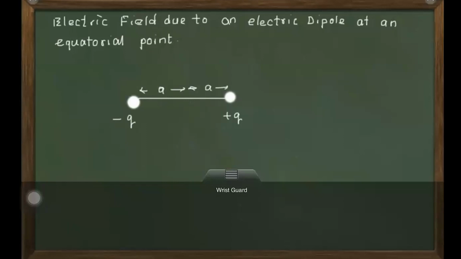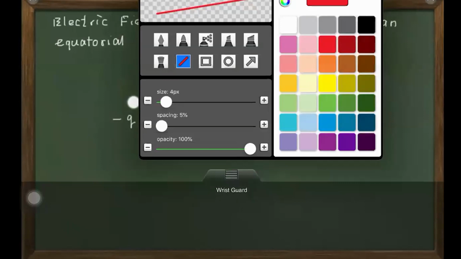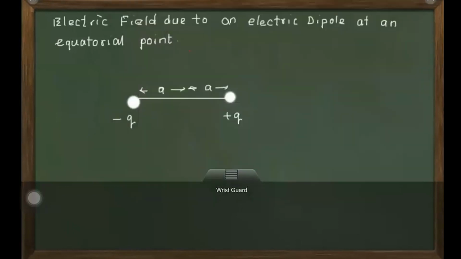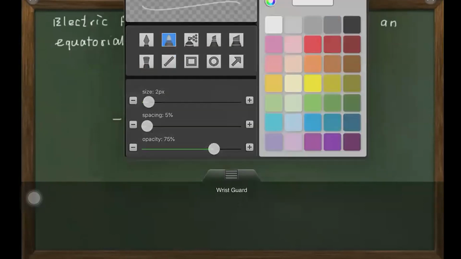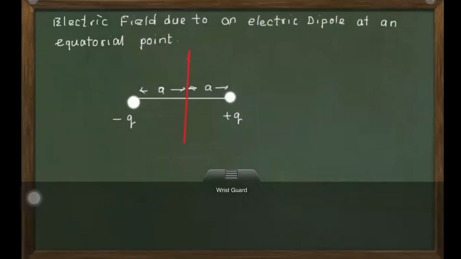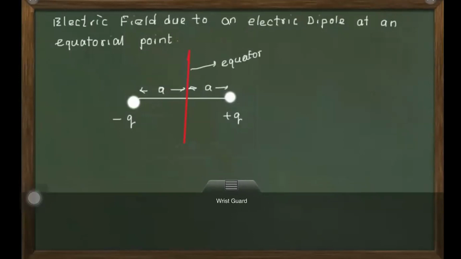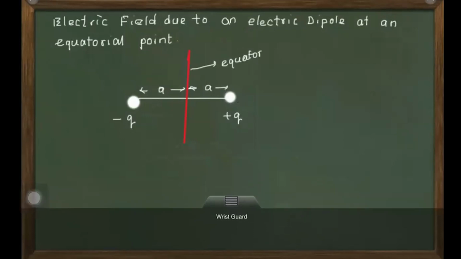Now if you draw a line perpendicular to this axis, that separating it into two parts, then this line will be called equatorial line, or equator you can say. So this is equator. If you are taking any point on this line, that will be called equatorial point, or a point in equatorial condition or situation.